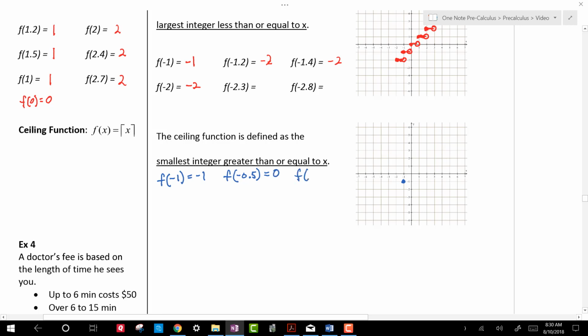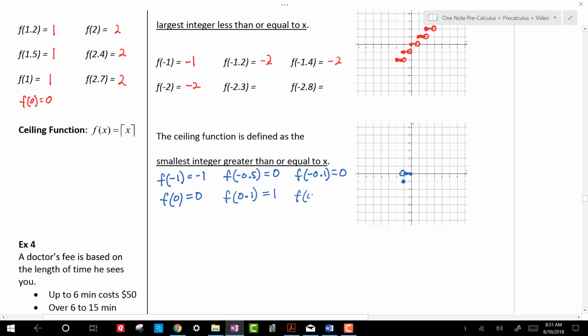F of -0.1, that would be 0, because I'm going to go up, so I'm going to go here and here, and when I get to f of 0, I'm actually at 0. So this time, the step is going this direction with the open circle on the left. If I continue on, f of 0.1, I'm going to go up, that's 1.